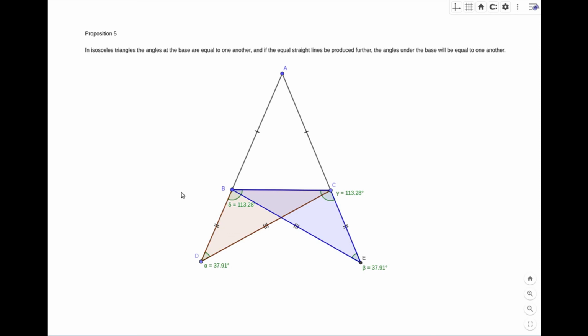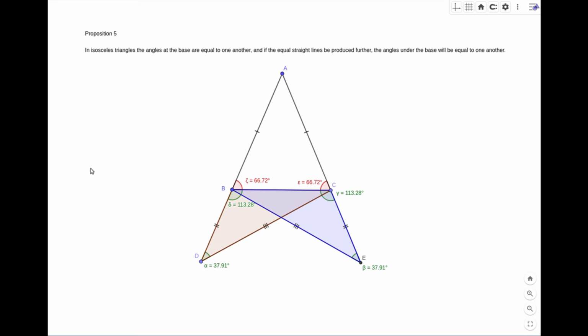Now, for our very last step, we can see that we've got straight angles here at DBA and here at ACE. Well, because we know that our angle BCE and DBC are going to be congruent, if we remove those angles from our straight angles, what happens is that we have angle ACB and angle CBA that are going to be congruent, and that follows from our common notion 3.